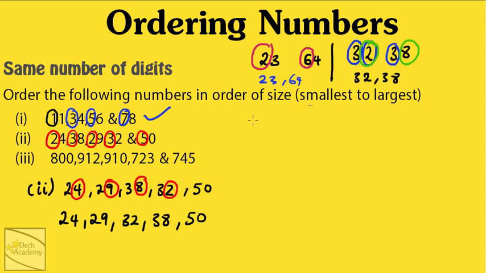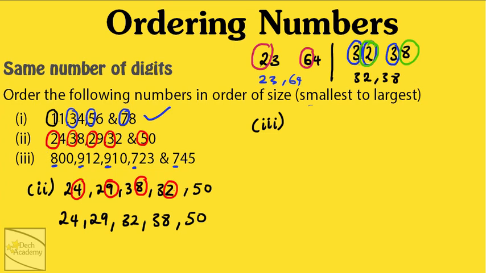Let's look at case 3. So in case 3, we have some numbers. We want to arrange them from smallest to largest. So it's always a good idea to compare the first digits. So I'm just going to circle or underline in this case. So we have 8, 9, 9, 7, and 7.